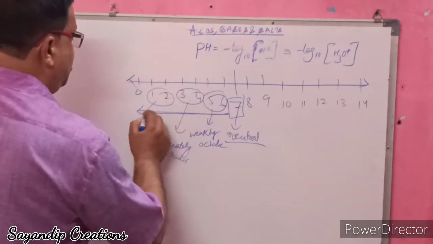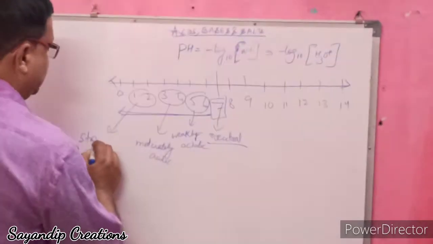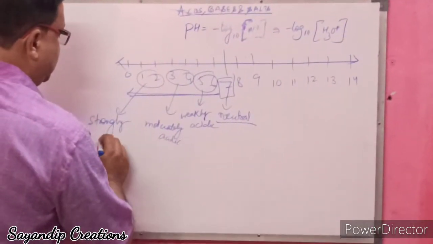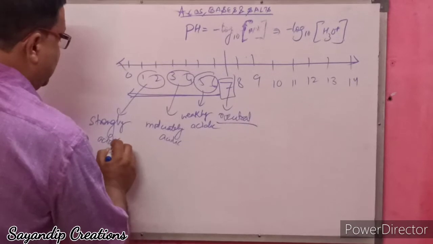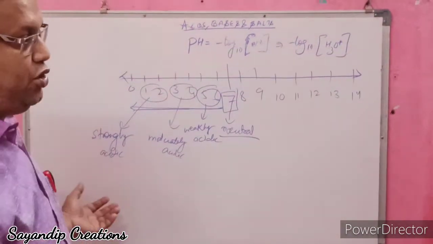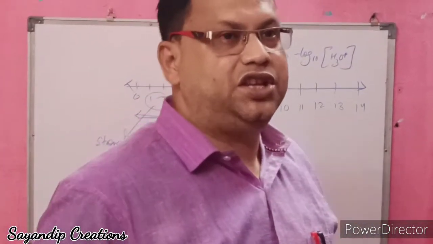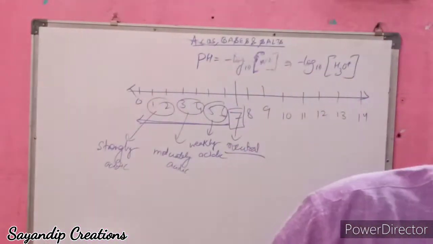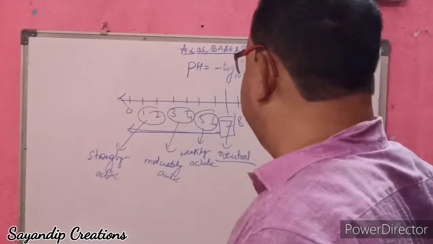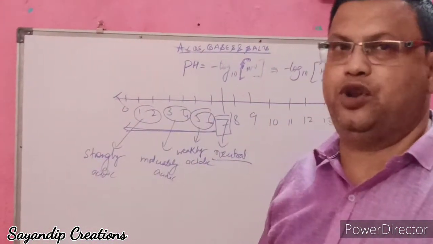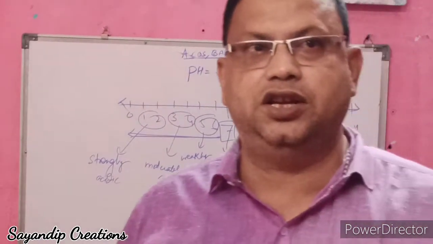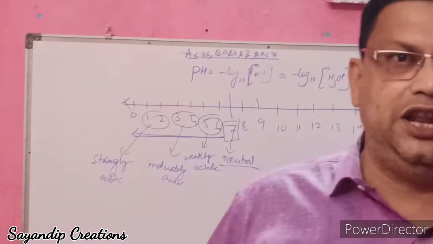And 1 and 2 are strongly acidic. Which acids come here? HCl, HNO3, H2SO4. These are strong acids. Which are weakly acidic? Carbonic acid and acetic acid are weakly acidic.